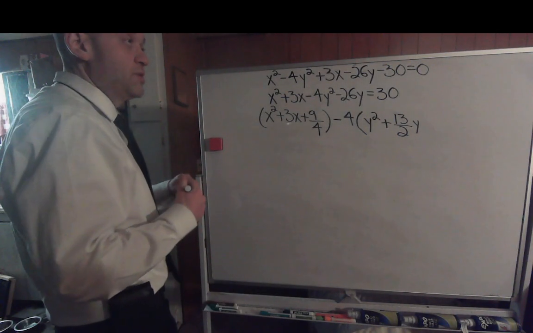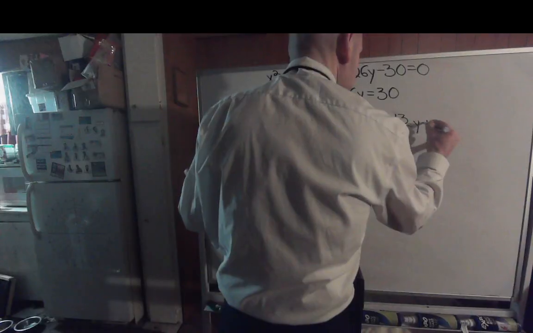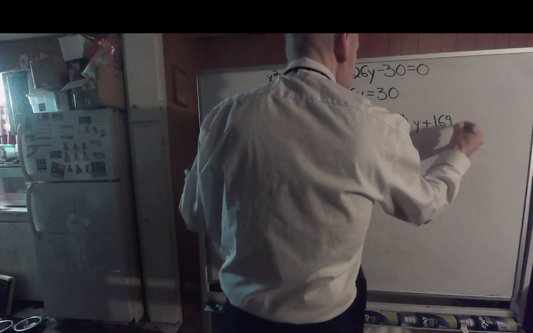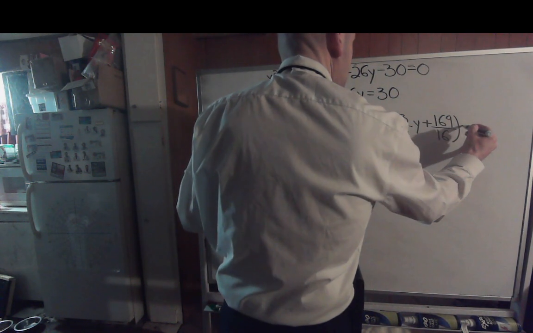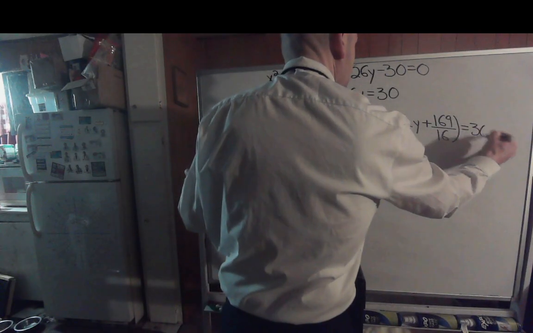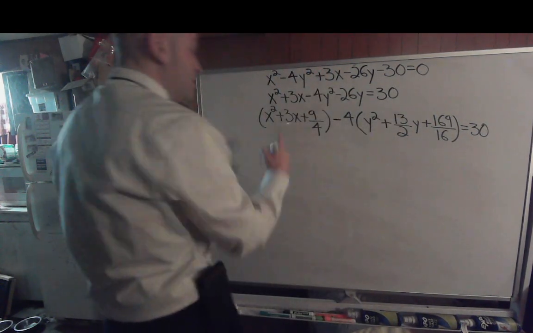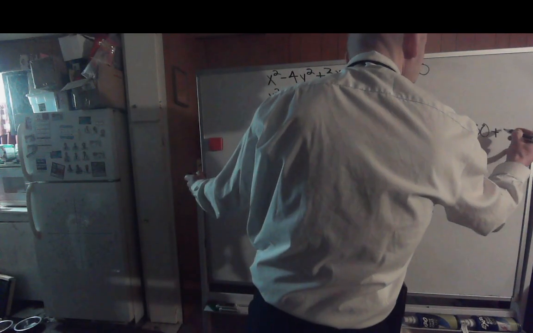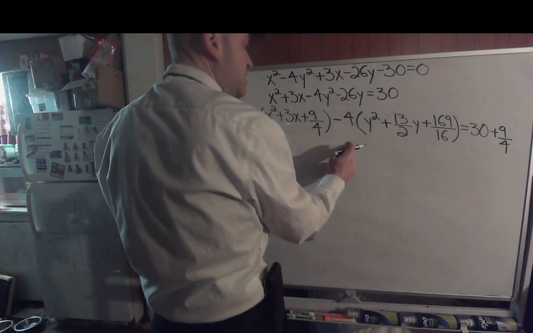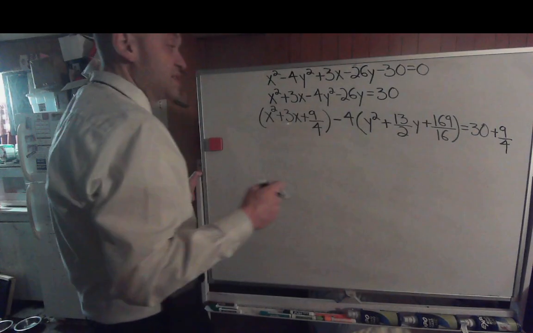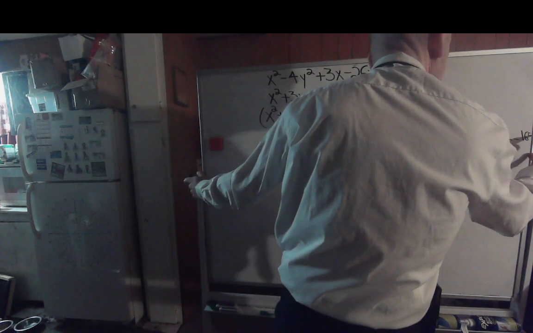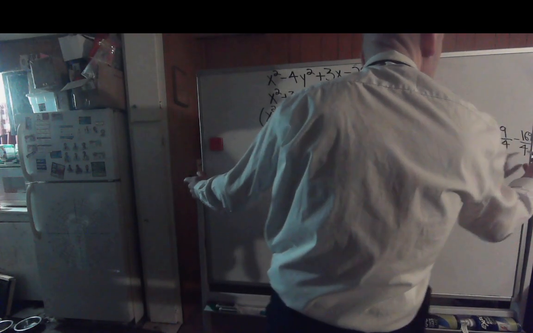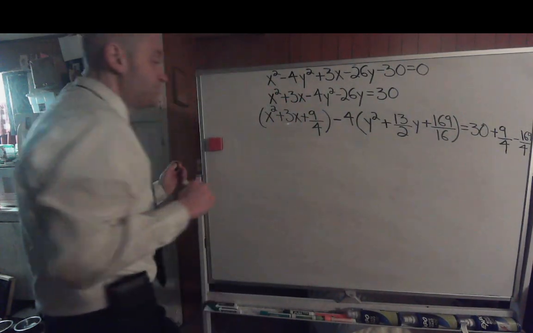You square that, you get 169/16. That's going to equal 30 plus a big mess. 30 plus 9/4. Plus if you take negative 4 times 169/16, that'd be minus 169/4. So we have a big mess here.